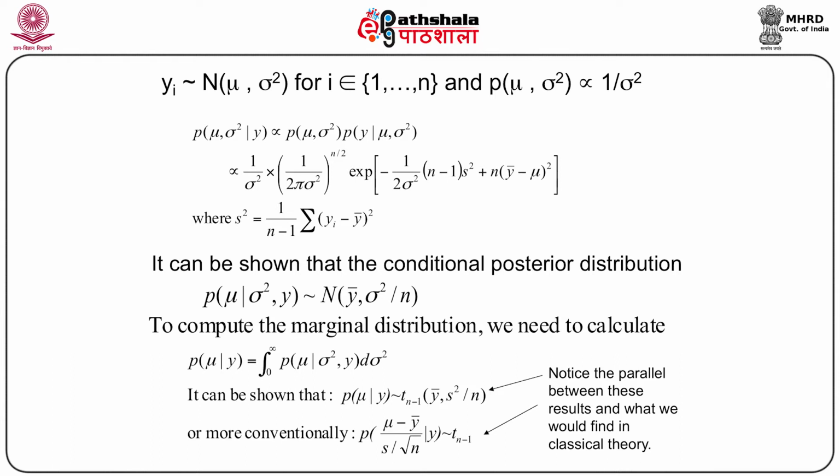Notice the parallel between these results and what we would find in classical theory. More conventionally, the standardized variable (mu minus y bar) over s over square root of n, given the data, has a student t distribution with n-1 degrees of freedom.